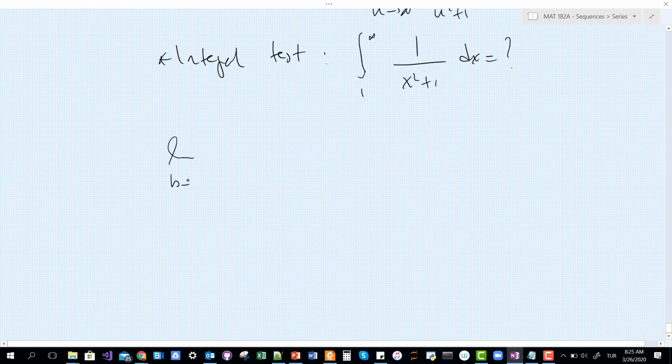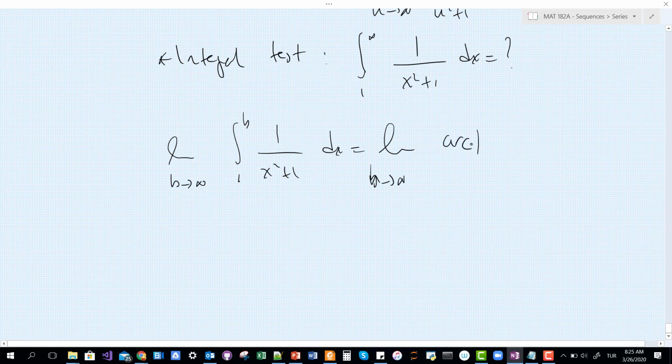So the integral is going to be from 1 to b of 1 over x squared plus 1 dx. If I take the integral of this one, as you know, it is going to be arctangent x from 1 to b.